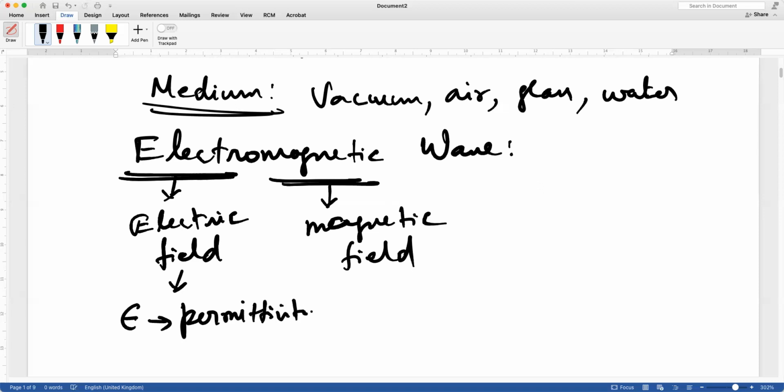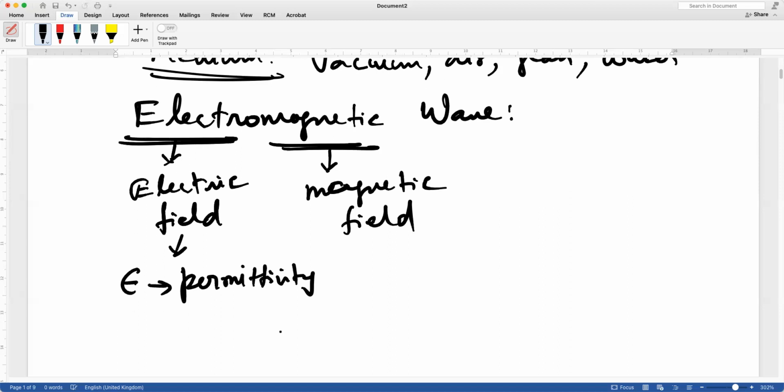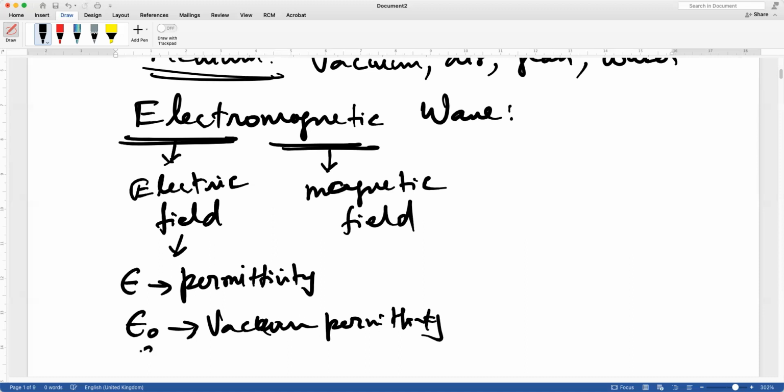Permittivity. And if you still remember, epsilon naught is always the vacuum permittivity. In comparison with epsilon naught, any other material may have a higher value multiplied with that, so we call that the relative permittivity.